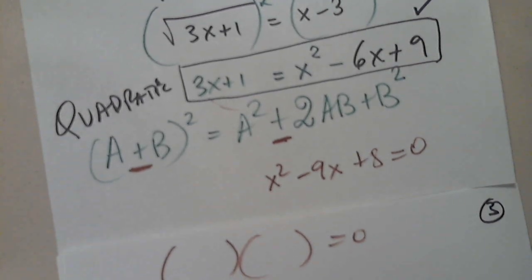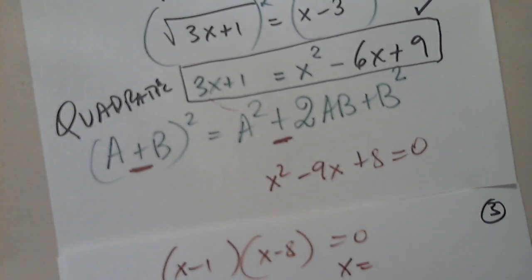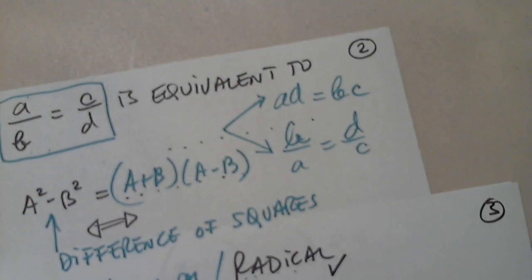X minus 8, x minus 1. Very good. So then we have x equals and x equals. Anyone? X equals 1 and x equals 8. Very good.